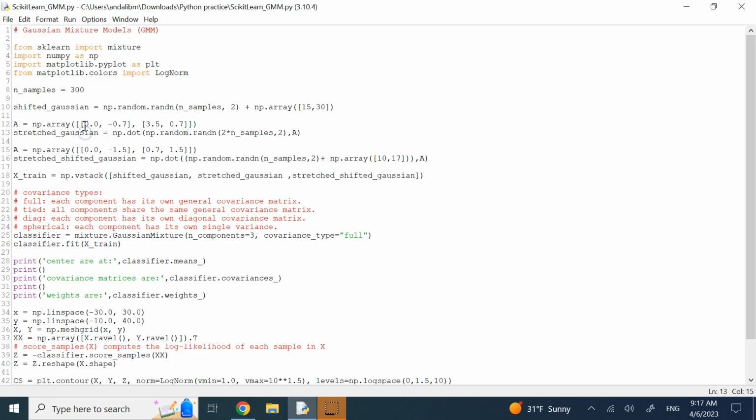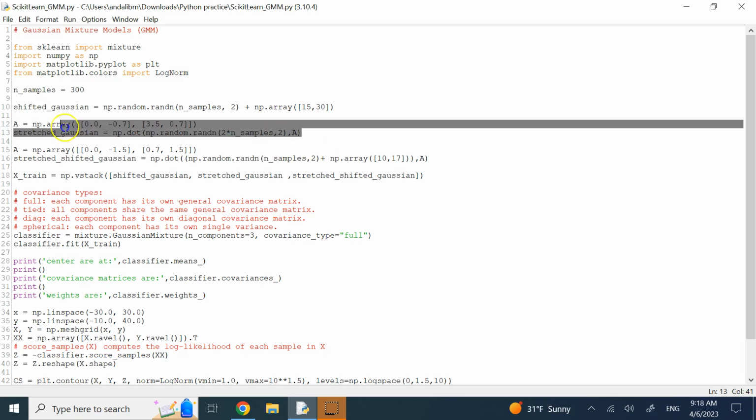The center is still at the origin, but I rotate it by using a matrix product with a matrix A here, which is 0, -0.7, 3.5, and 0.7. And this is going to rotate it for me and stretch it in one direction, and probably stretch or shrink it in another direction.